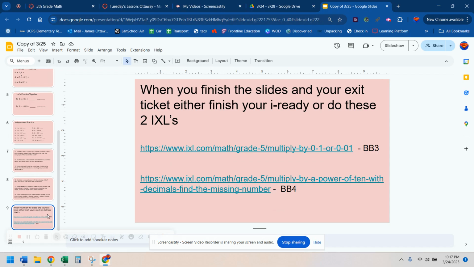Make sure you understand that. After your exit ticket, you can either finish up your iReady stuff for the week, or if your iReady stuff is done, come back and work on the IXLs, not just sit and stare into space and bother the sub. Okay? All right. Good luck. Try your best, and we will go over it some tomorrow together. Thanks.